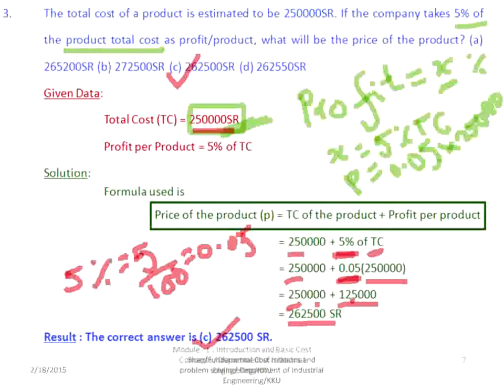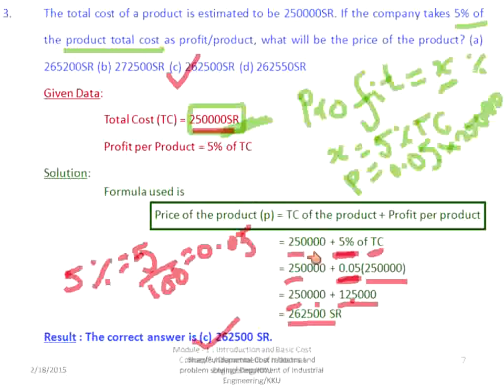It's also easy. But you come to problem number 3, I have given the value of profit indirectly. I didn't give you profit as 120,000. I told you the profit is 5% of total cost.